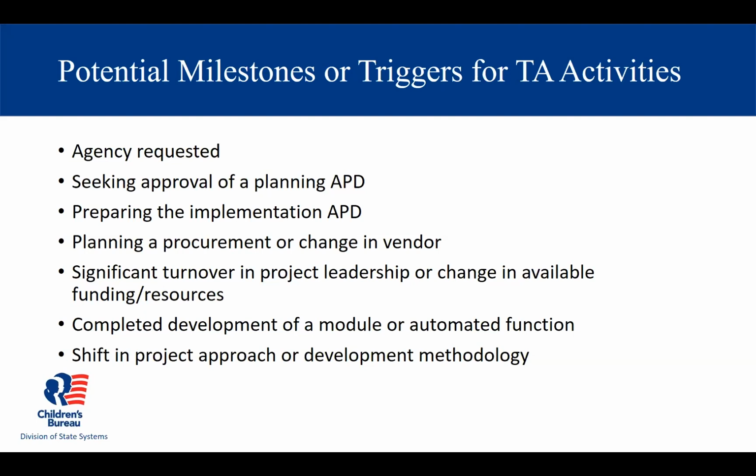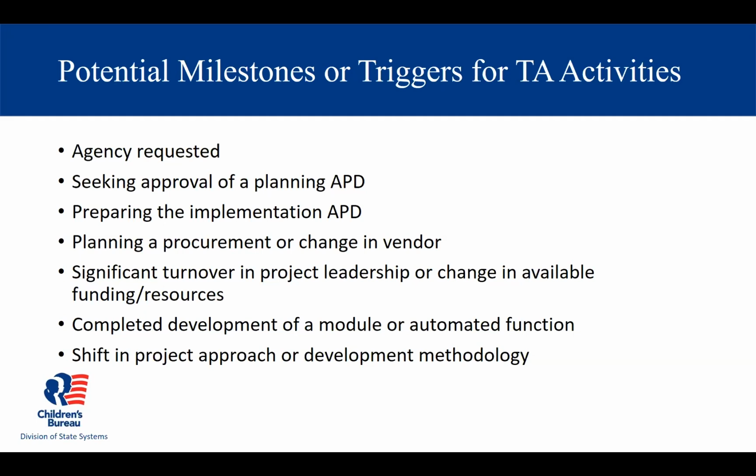Maybe you've finished one module and you want to have a design review and a program review on that one module before you get too far into implementation. The good news is that you have the ability to negotiate timing and scope of the review. We can incorporate activities into regular monitoring calls or based on a schedule that makes sense to you when it will have the best impact.